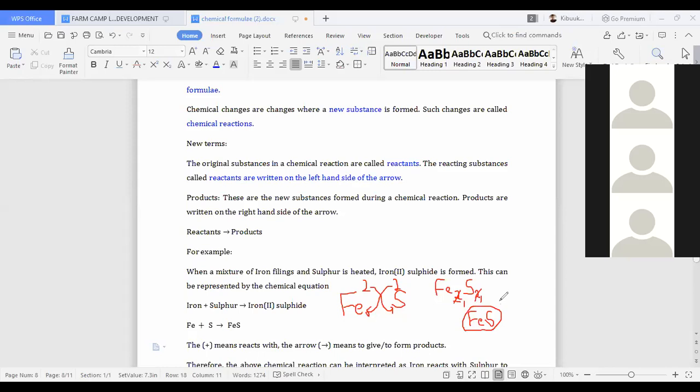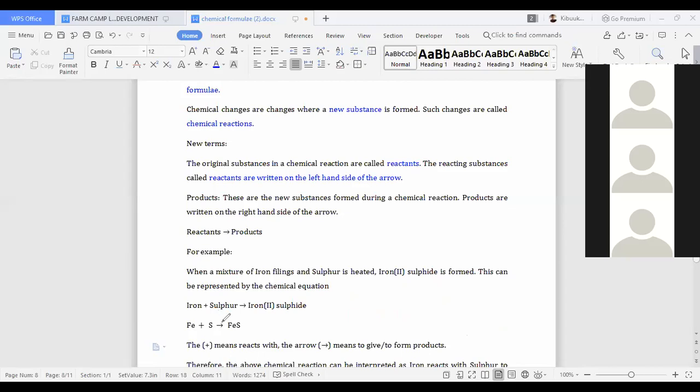So that is what is happening here. We have the iron reacting with the sulfur to give us the iron 2 sulfide. And then the arrow means to give, that means iron is reacting with sulfur.